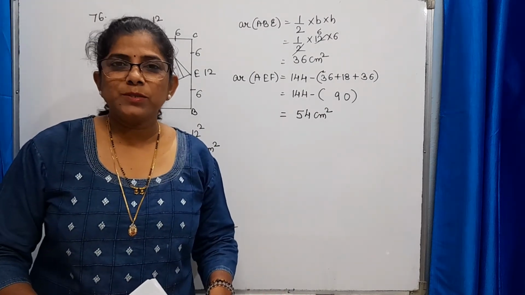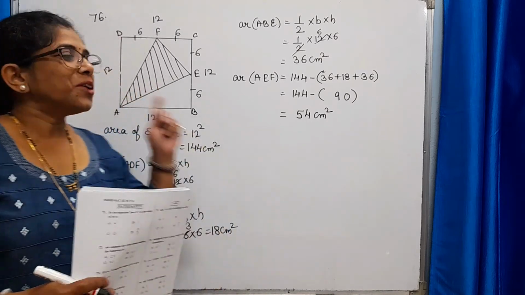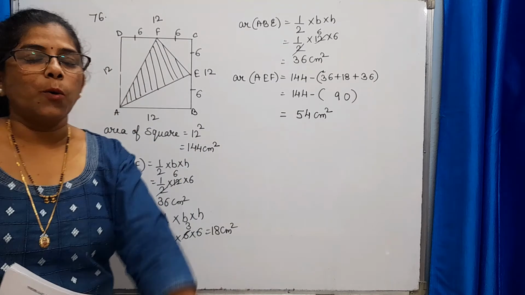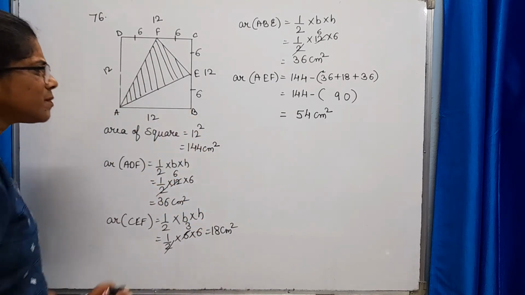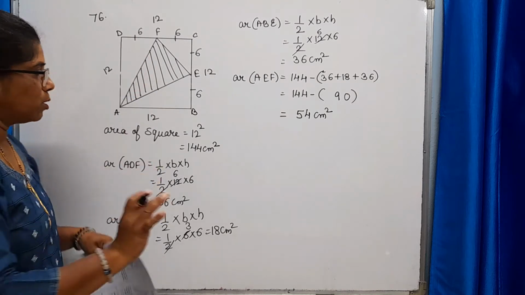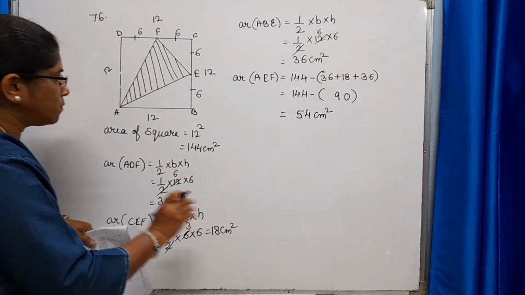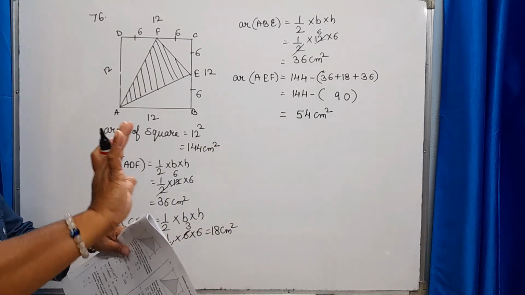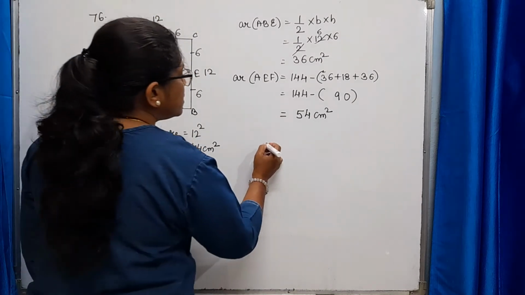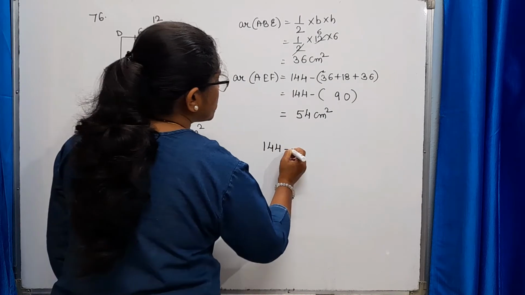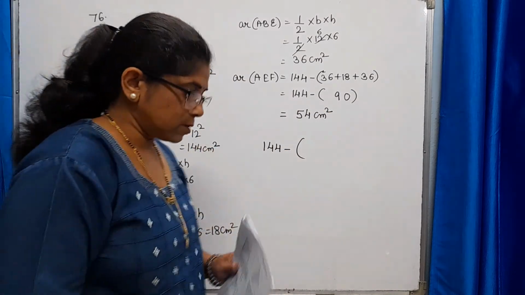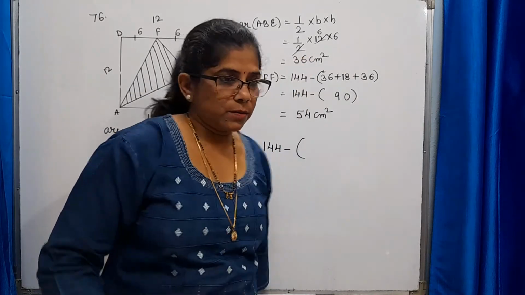It's quite time consuming. But even this sum you can solve in least time. How? See, no need to write all these things in your working column. We know that ABCD is the square, so write 144. From this, we have to subtract the area of three triangles.